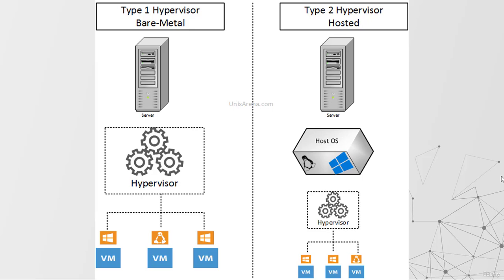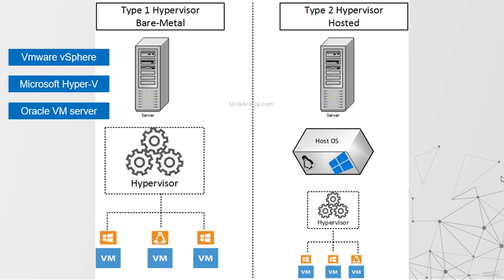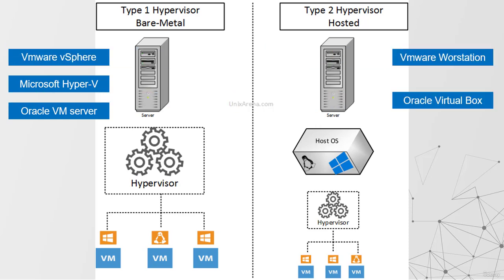And examples of bare metal include VMware vSphere, Microsoft Hyper-V, and Oracle VM Server. Now, the second type is known as hosted, and this runs on a conventional operating system, which is the host operating system, just like any other software application. And examples include VMware Workstation and Oracle VirtualBox.